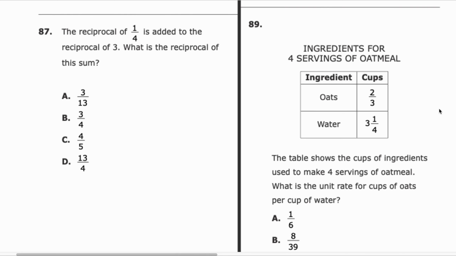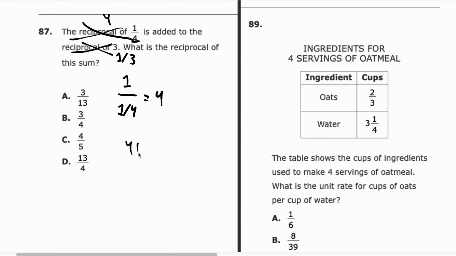So the reciprocal of 1 over 4 is 1 over 1 over 4, which is just 4. So 4 is added to the reciprocal of 3, and we know that the reciprocal of 3 is just 1 over 3.